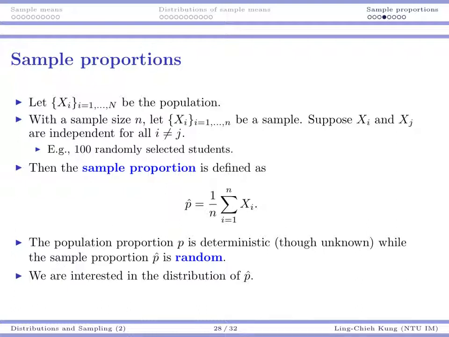You don't know whether today's random sample and tomorrow's random sample would be the same or different. So that's why P hat is random. Now, we are interested in the distribution of P hat, okay? Because if we have P hat, then we can use the sample data to infer the population data.